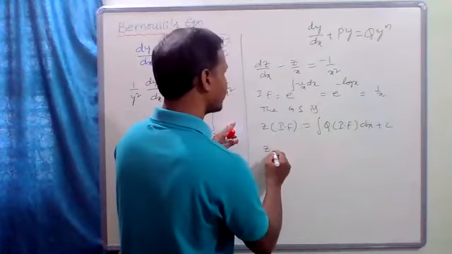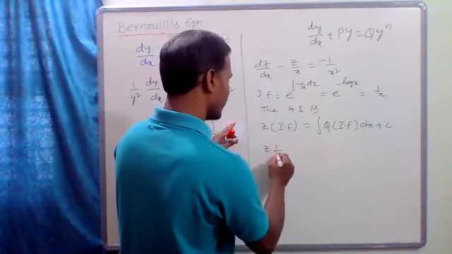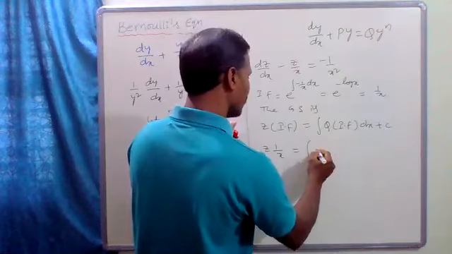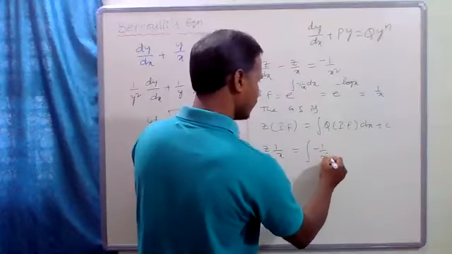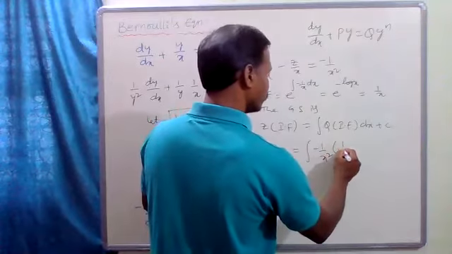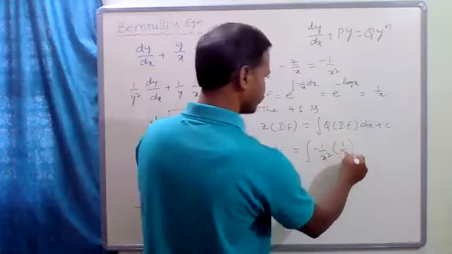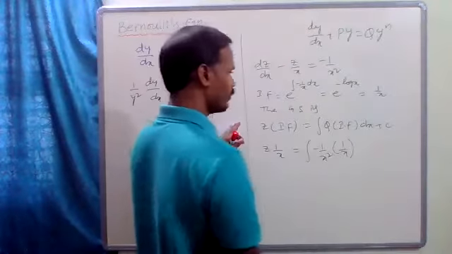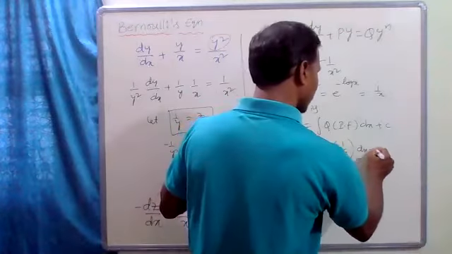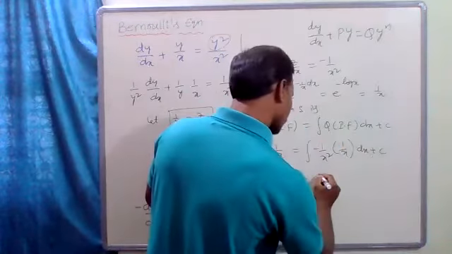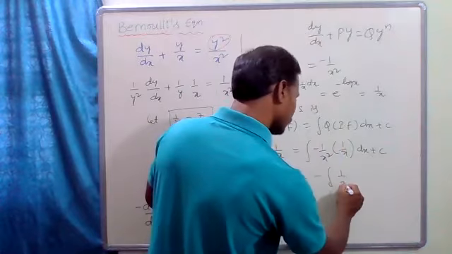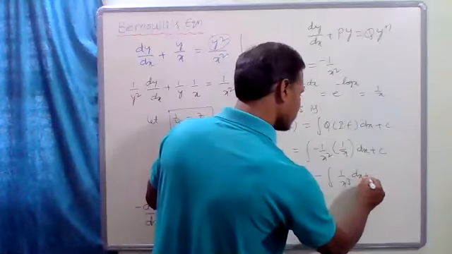IF is 1 by x, Q value is minus 1 by x square. So this is equal to minus integral 1 by x cube dx plus c.